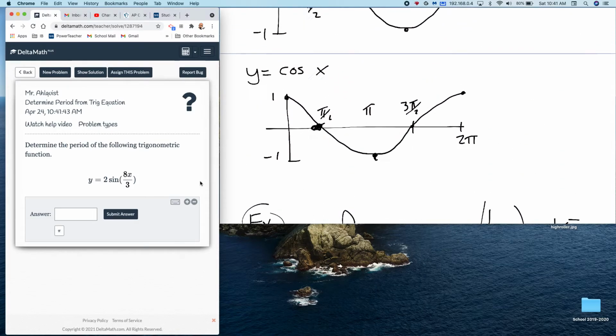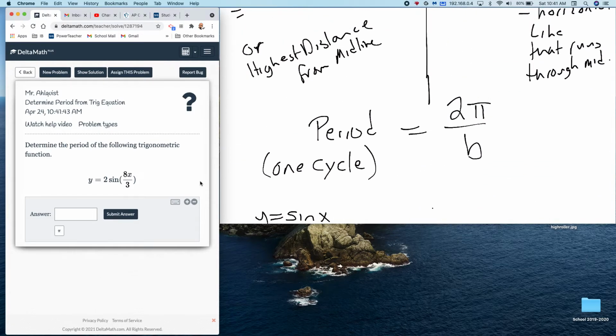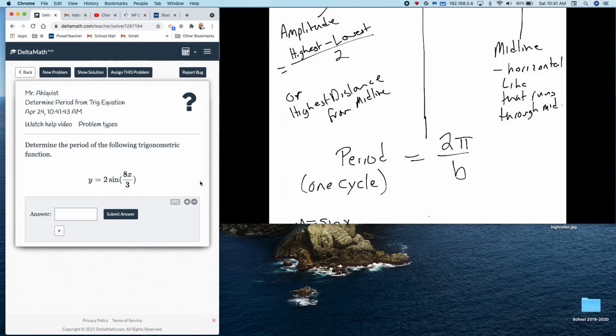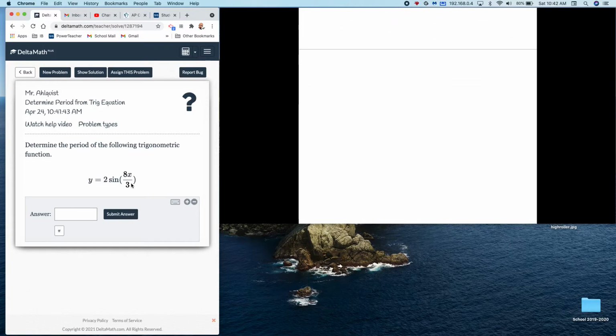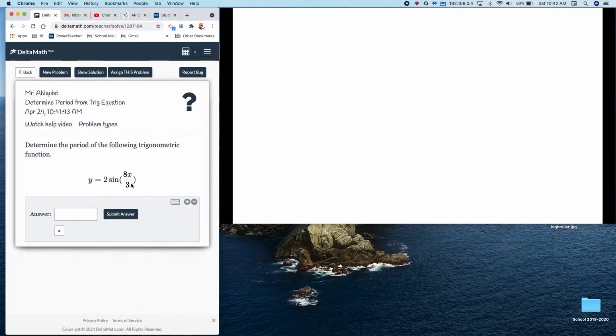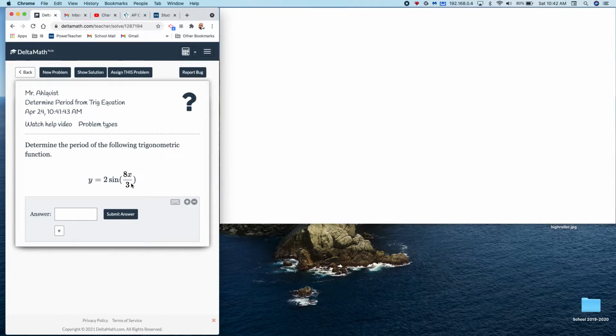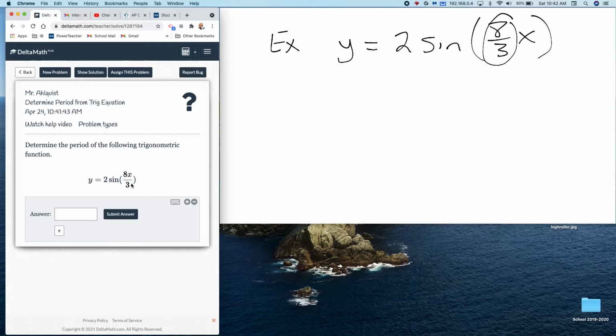Remember, the period is 2 pi divided by whatever that b value is, whatever that number is in front of x. Notice this number in front of x is 8/3. So if we wanted to write, I'm going to check something with Delta Math just to see if they'll let me do it. But on this one, when you have the equation y equals 2 sine 8/3 x, this is that b value.